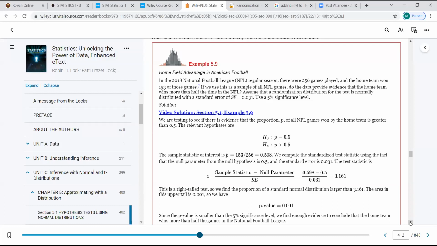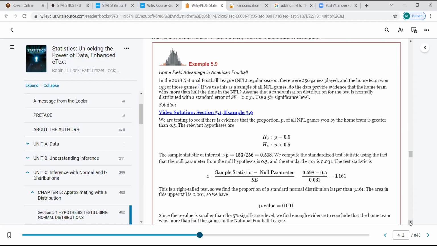Anyway, in 153 of those 256, the home team won as opposed to the visiting team. So 153 divided by 256 is the sample proportion for 2018. They want to know whether, in general, the home team wins more than half of their games in the whole population of all NFL games.